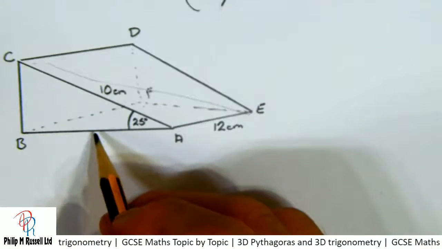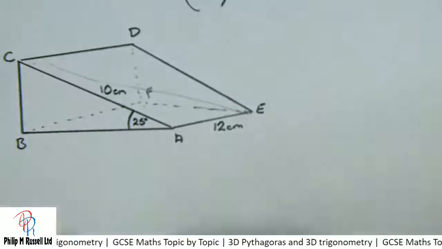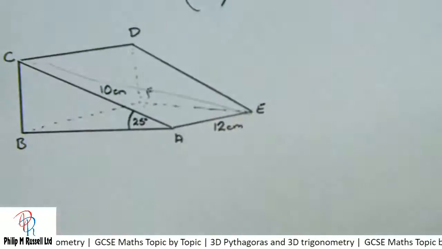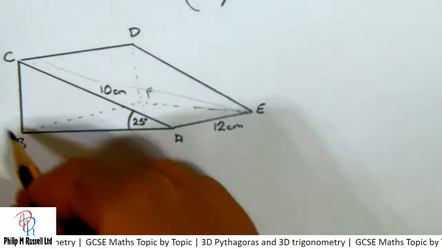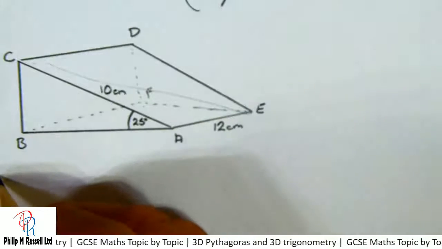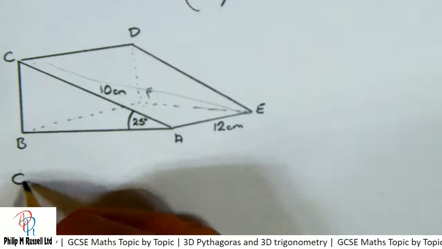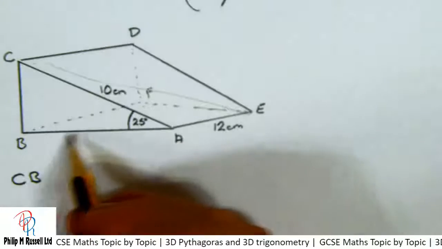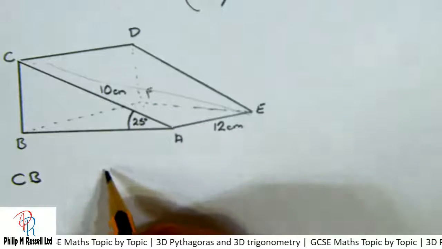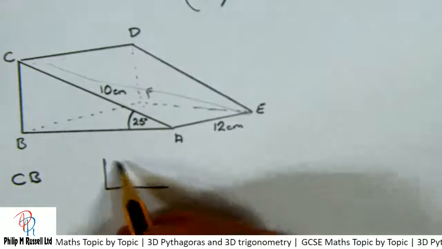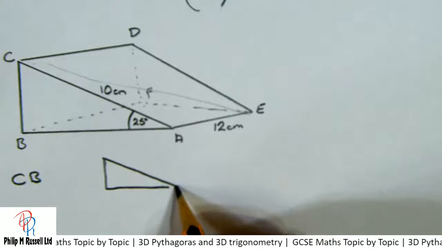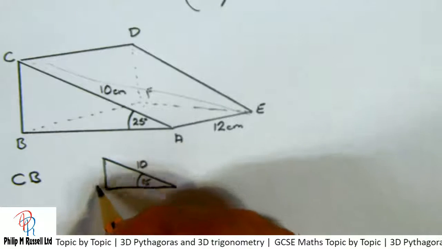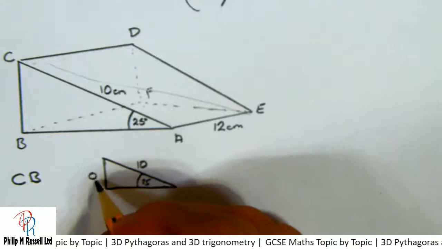Let's suppose we're asked then to work out what is the height of this piece of cheese. So we're asked to work out what is CB. We've got simply a little triangle. We've got an angle, 25, we've got 10, we can work out what is the opposite.